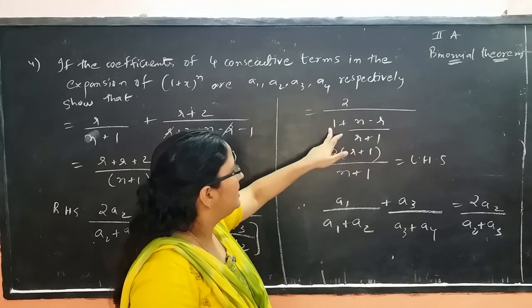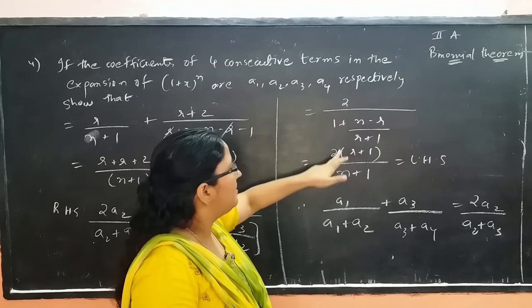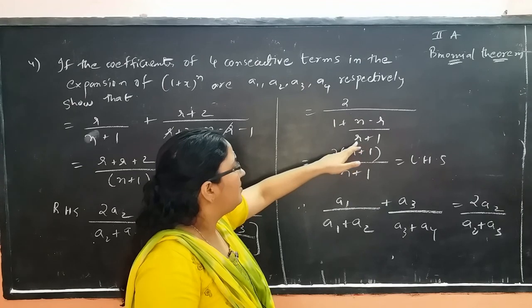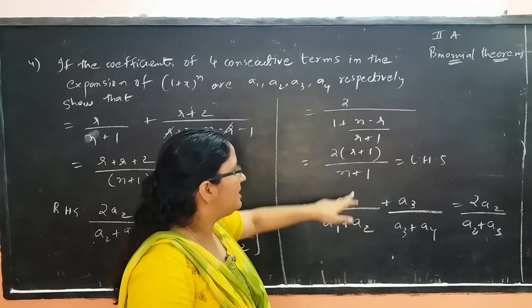So r + 1 is taken as LCM, r + 1 goes up. You have r + 1 + n − r, r − r cancels, you have n + 1.